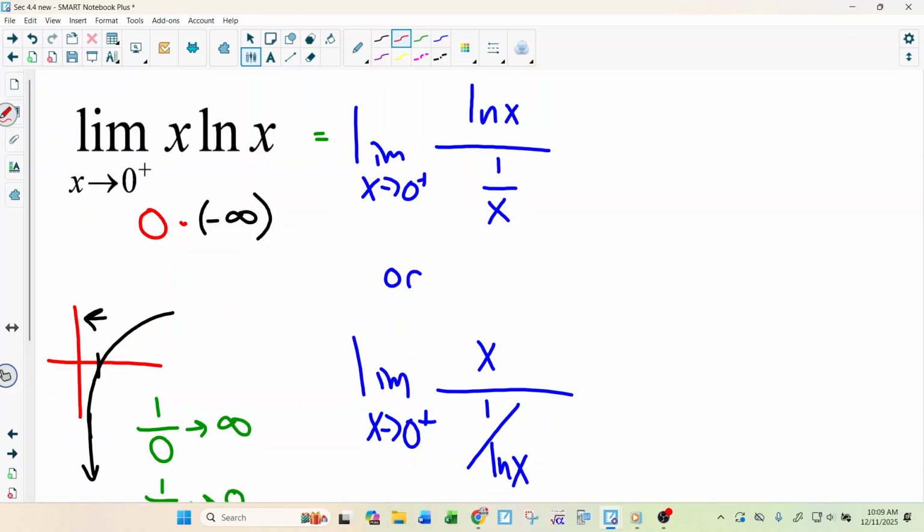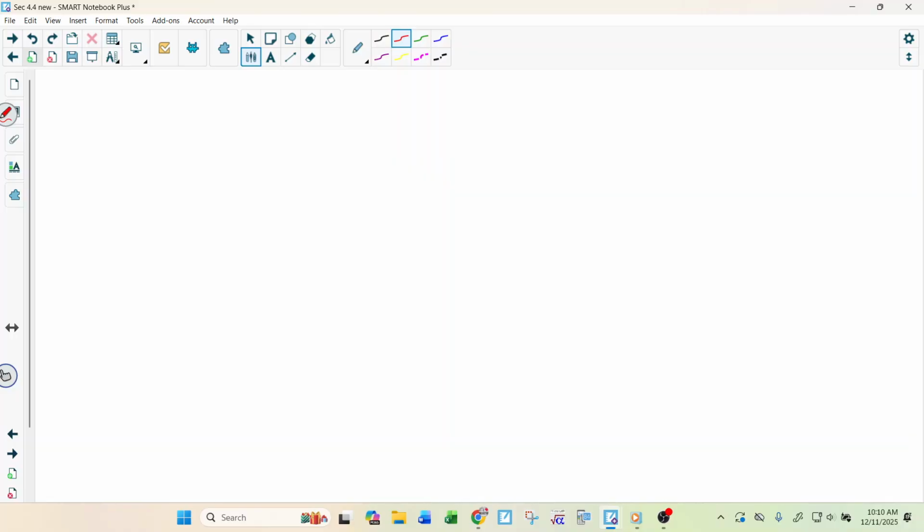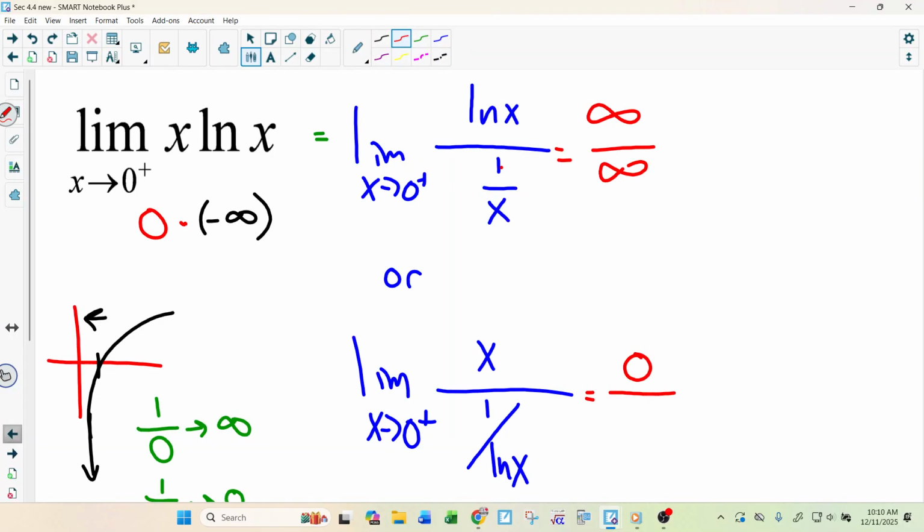I've taken one of these and moved it to the bottom. Now, as x goes to 0, this one is infinity on the top, and 1 over 0 is infinity on the bottom. Here, as it goes to 0, I have 0 on the top, and then 1 over infinity on the bottom, which is 0. So both of these are in the form of 0 over 0 or infinity over infinity.